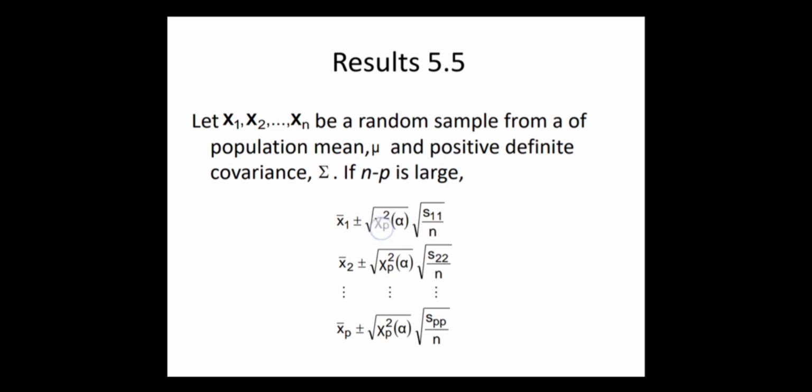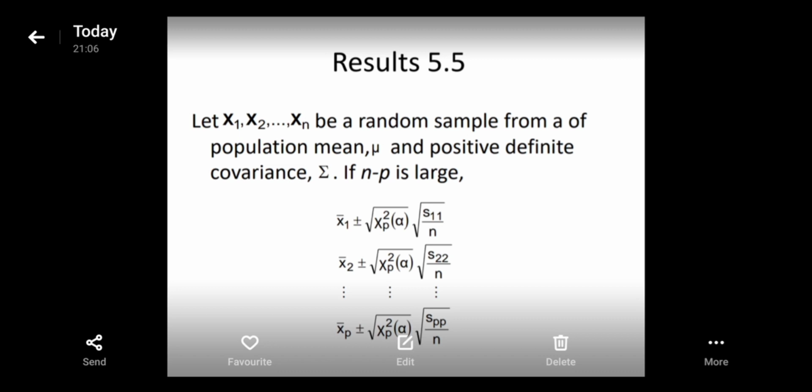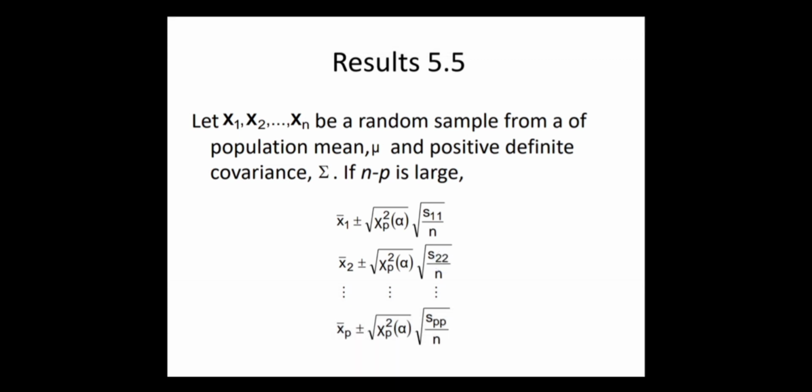Before this, in the T square interval, we used the F distribution, but now when we are dealing with a large sample size, we replace it with the chi-square distribution with p degrees of freedom. Everything else is the same, which is here the square root of the variance for the first variable, here the variance for the second variable, and so on. Okay, that one is the confidence interval.